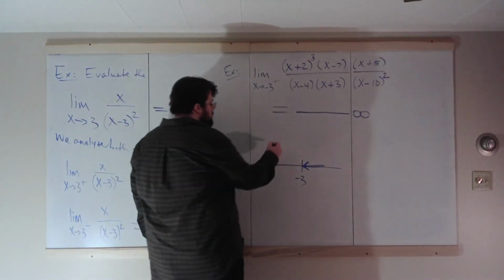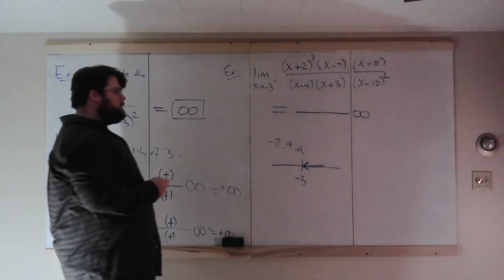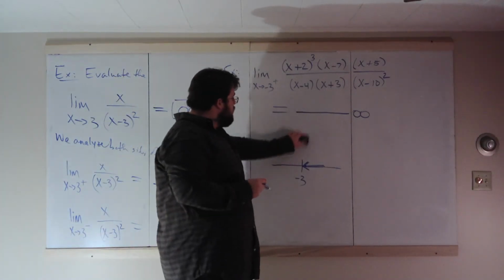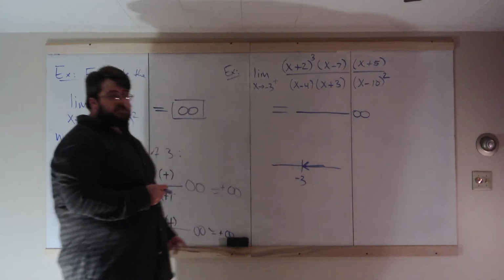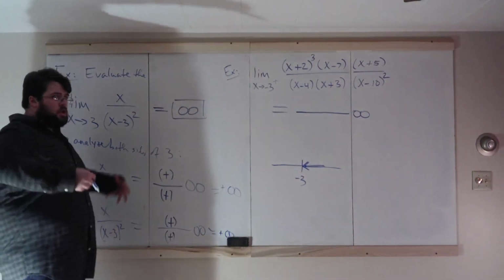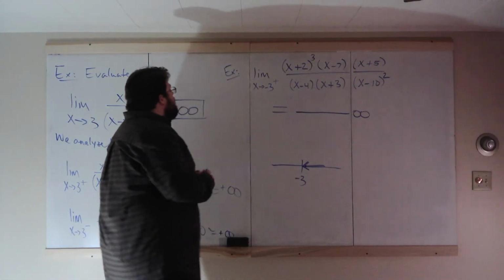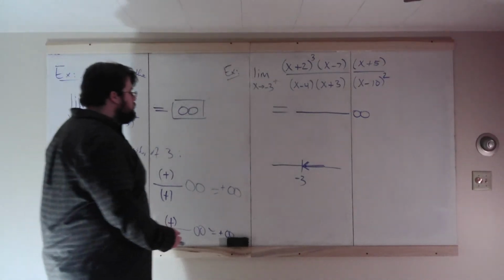So numbers like negative 2.9-ish type numbers. You shouldn't actually write 2.9-ish because the limit doesn't care what happens at 2.9. It cares what happens close to negative 3. So what do we have when we try a substitution on these sides?